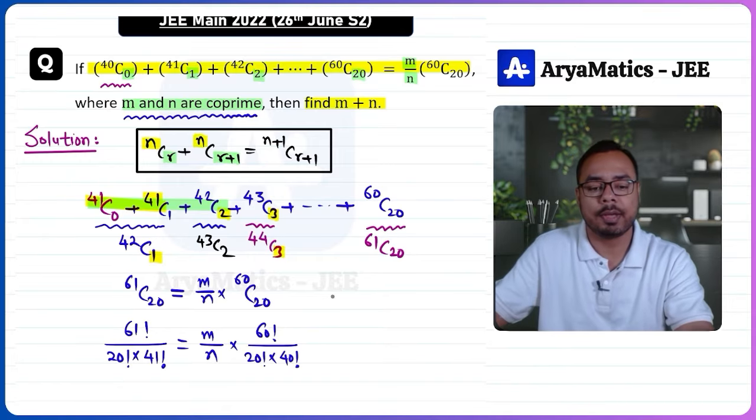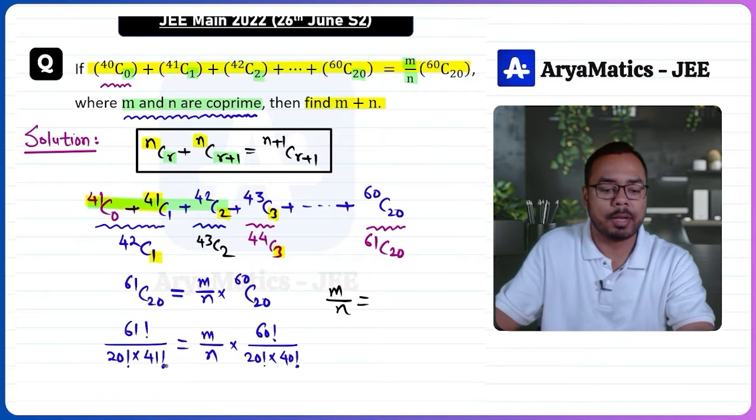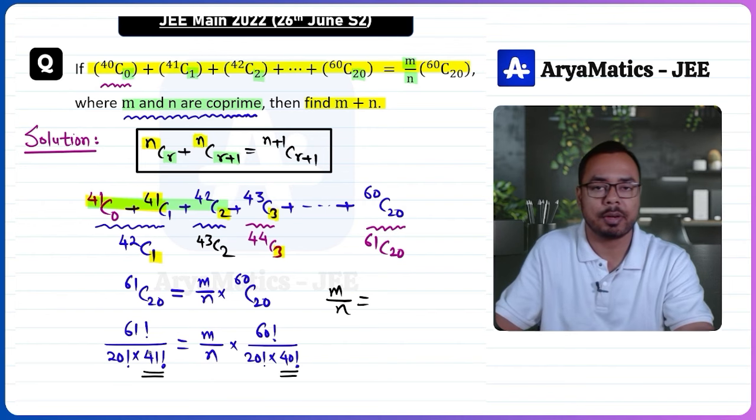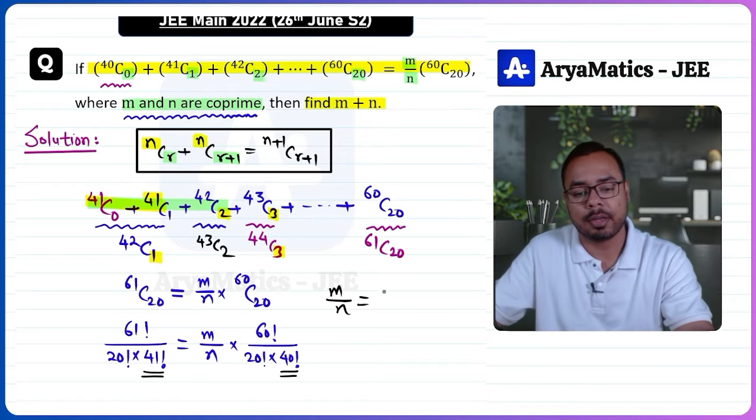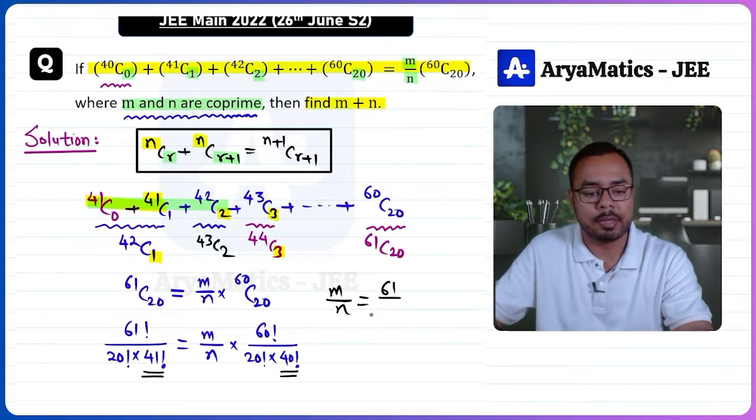From here you can clearly see that m by n will become, after cancelling 20 factorial, 41 factorial in the denominator, which you can write as 41 into 40 factorial. Similarly for 60 and 61, you will get 61. So that means m by n is 61 divided by 41.